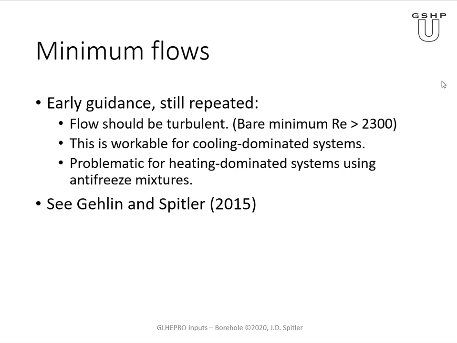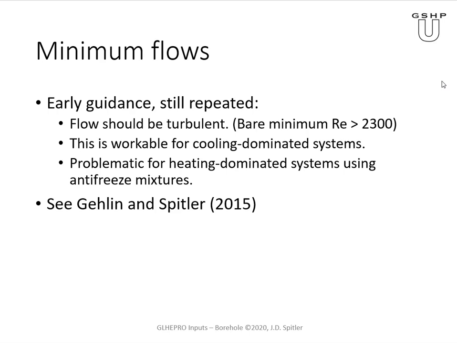And that's workable for cooling dominated systems, which are for the most part what we have here in Oklahoma. It can be problematic for heating dominated systems where you're using antifreeze mixtures. What you'll find is that if you have to have a fairly high concentration of either ethyl alcohol or propylene glycol, the increase in viscosity as you get to low temperatures means it gets harder and harder to always have turbulent flow.